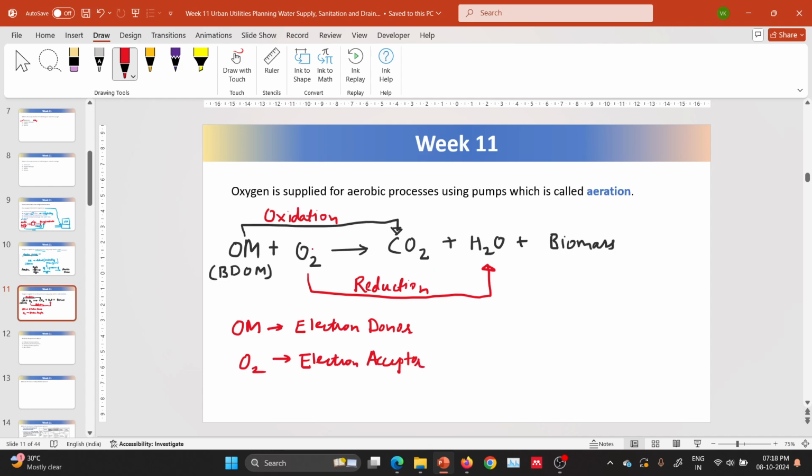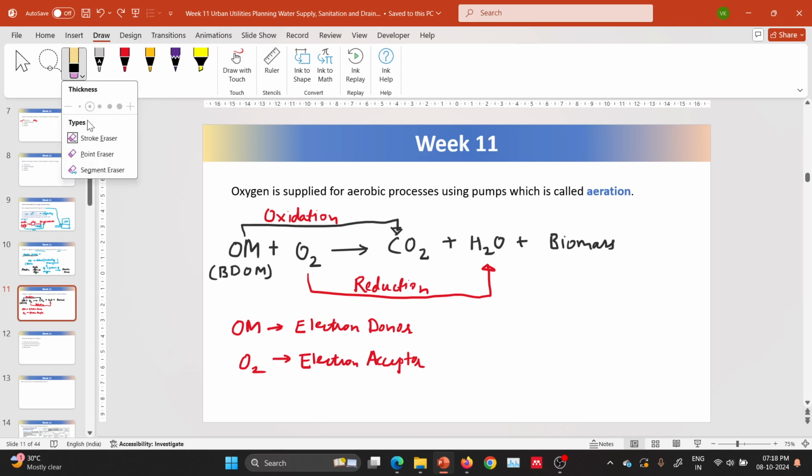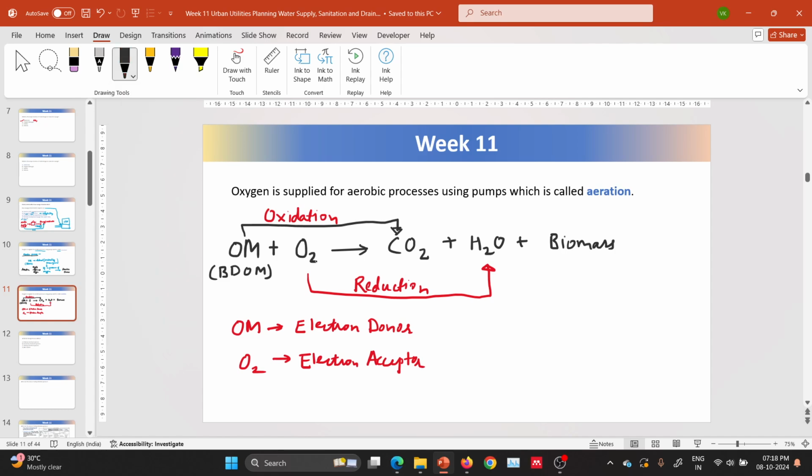This work is being done by microbes. The oxygen is required by the microbe, and the microbe will consume biodegradable organic matter. That's why it is producing biomass.